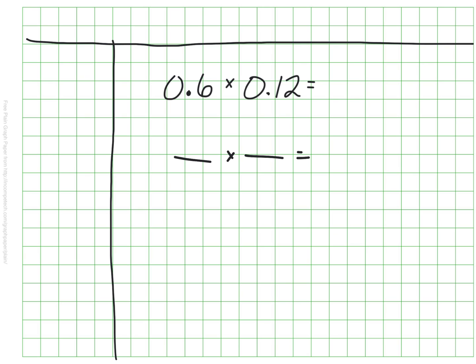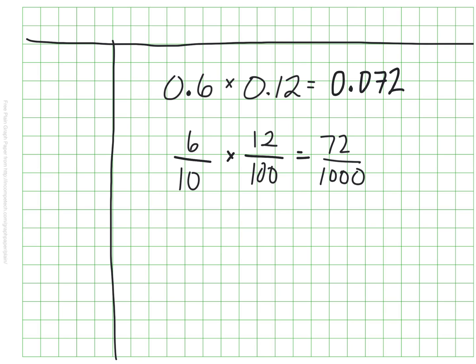Make sure you pause the video, and when you're ready, you can check and see how you did. How'd you do? I got an answer of 72/1000, which would be 72 thousandths. To write that, of course, that means I need to make sure that I end up in the thousandths place with my 72. So my answer would be written this way, 0.072.